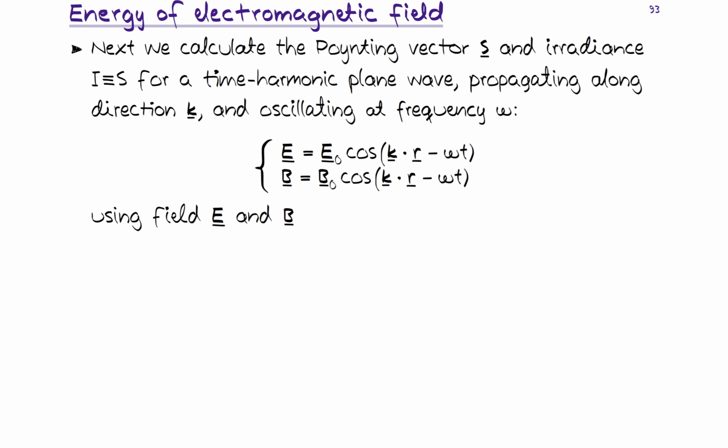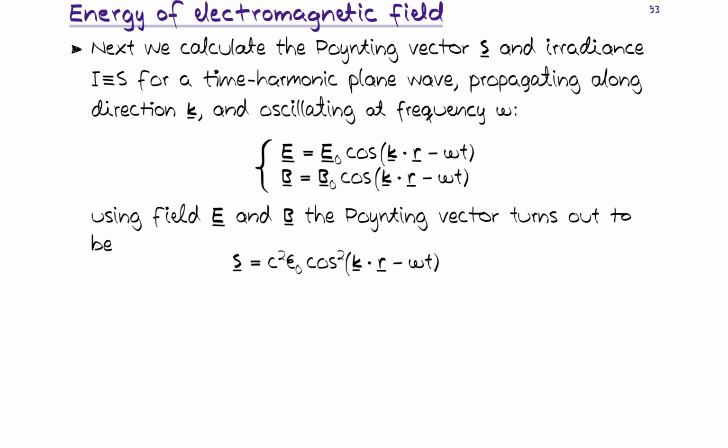And using the E and B fields in this form, we can calculate the Poynting vector S as we defined it earlier. So S was c squared times epsilon naught times cosine squared of k dot r minus omega t. And this is the time and spatial dependence of the Poynting vector.